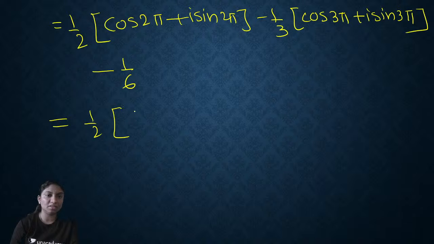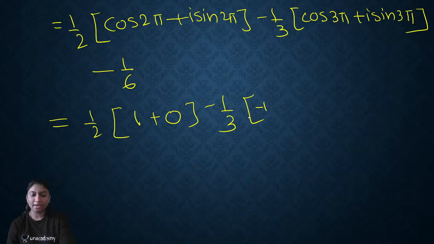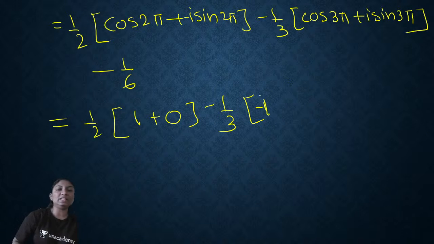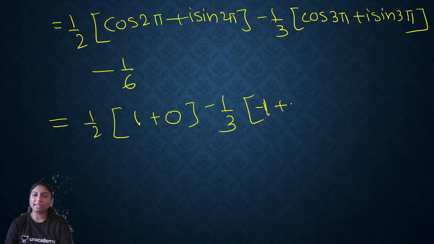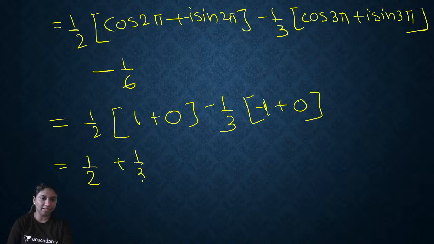So in general you will get 1 by 2 into the bracket: cos 2 pi is 1, sin 2 pi is 0, minus 1 by 3 into cos 3 pi. Here you will get minus 1, because cos n pi is minus 1 raised to n, and it is equal to minus 1 when n is odd, and sin n pi is 0. So you will get 1 by 2 minus minus, plus 1 by 3.